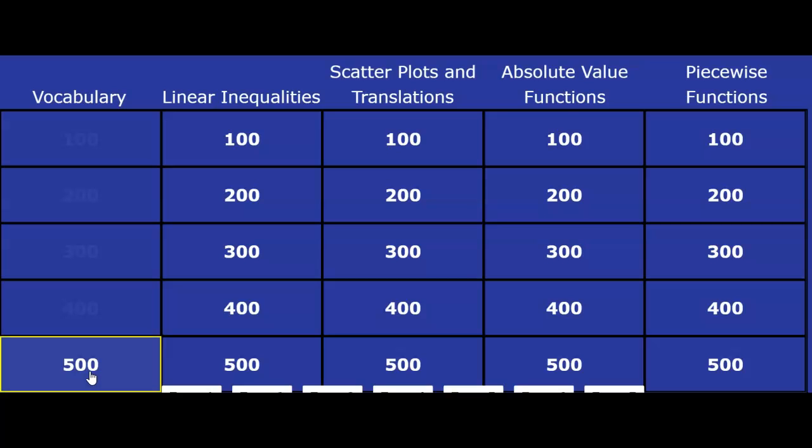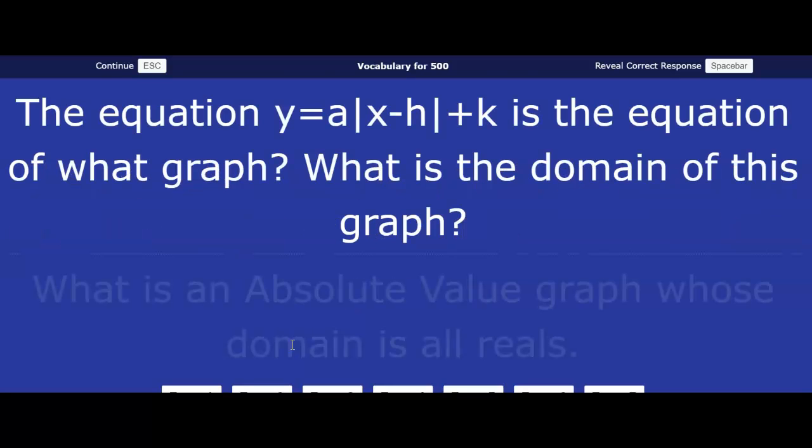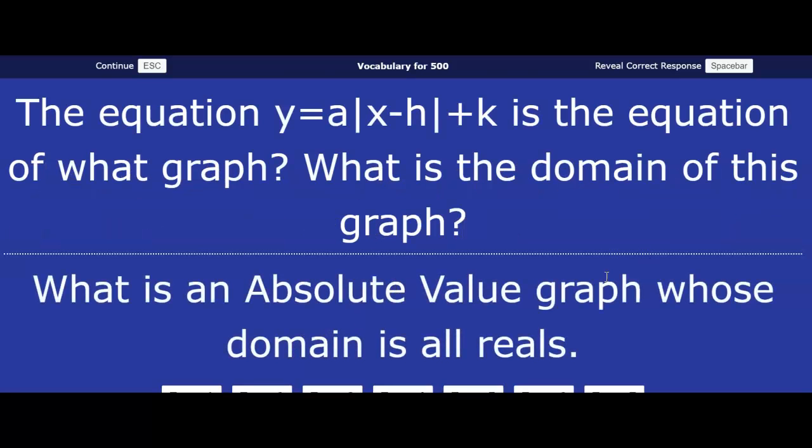All right, 500. Okay, Nick, what's the answer? Okay, coordinate, no scatter plot. No, sorry. No scatter plot. Go ahead, Lily. Yes. All reals. The domain of all absolute values is always all reals.